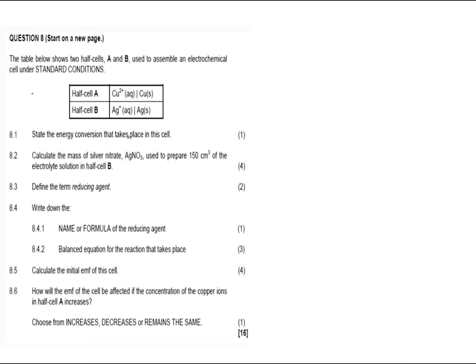So what is the energy conversion that takes place in a galvanic cell? So for our 8.1, we're simply just going to say, chemical to electrical energy. There we go. So chemical to electrical energy.